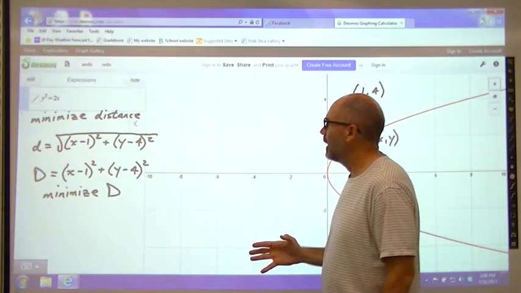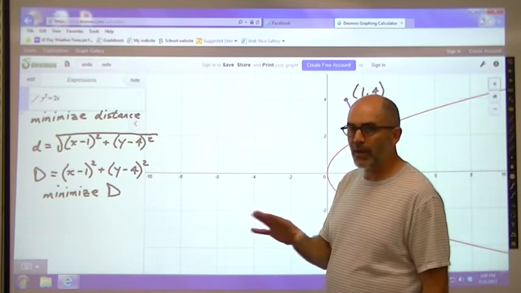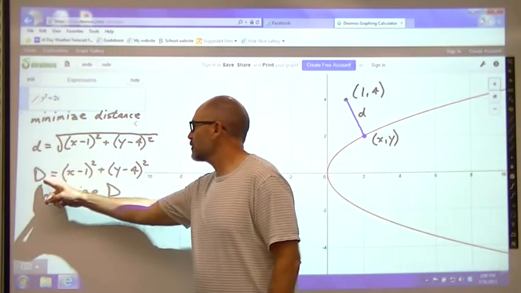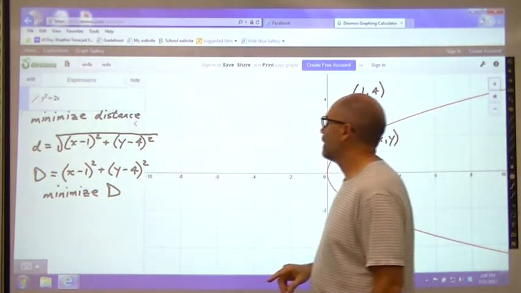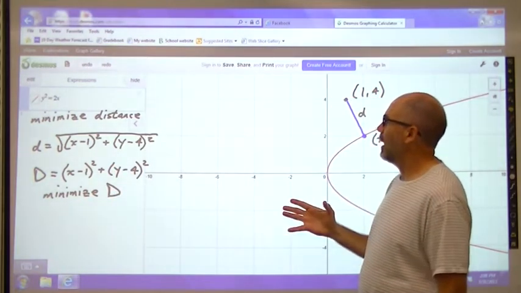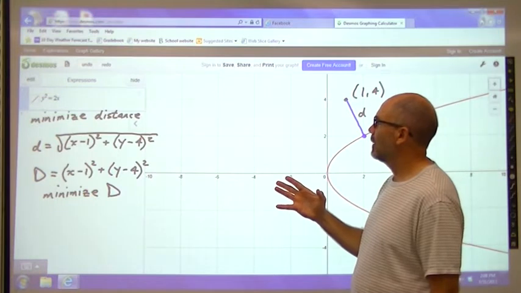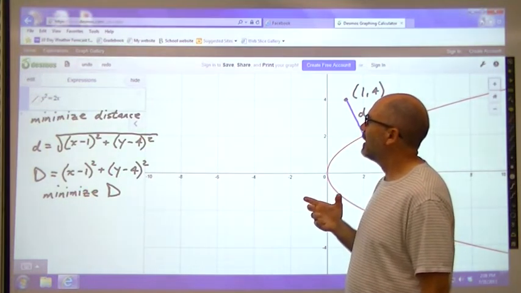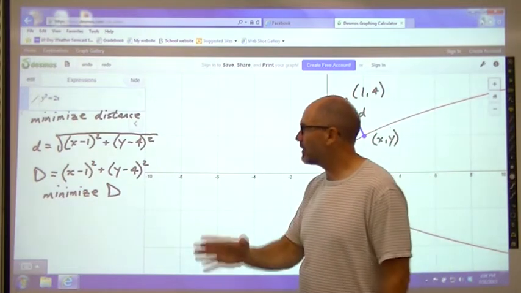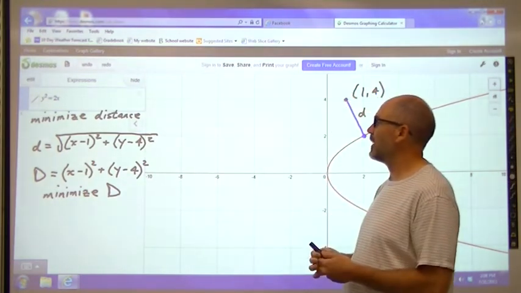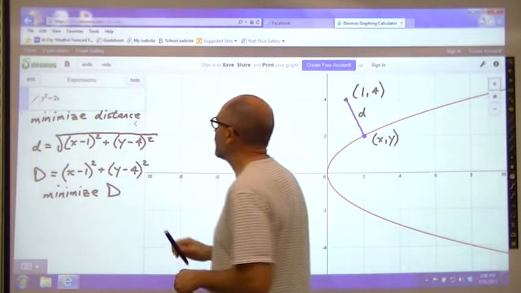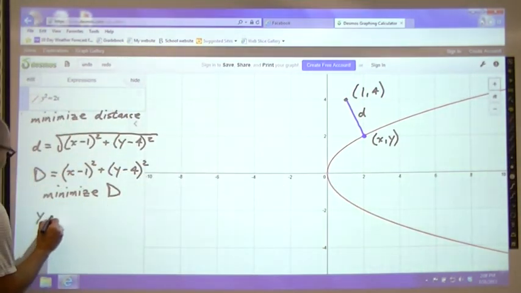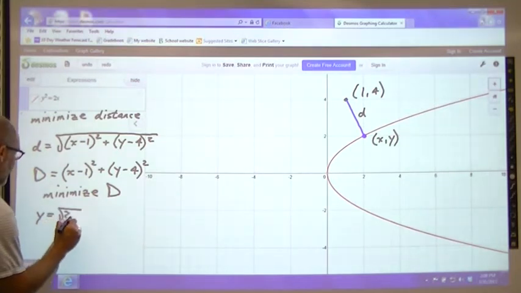Okay, now, the other thing we've been talking about all along is we have to have a function in terms of one variable. So, you could make x in terms of y, or you can make y in terms of x. If I were to make y in terms of x, then I would say y equals the square root of 2x.